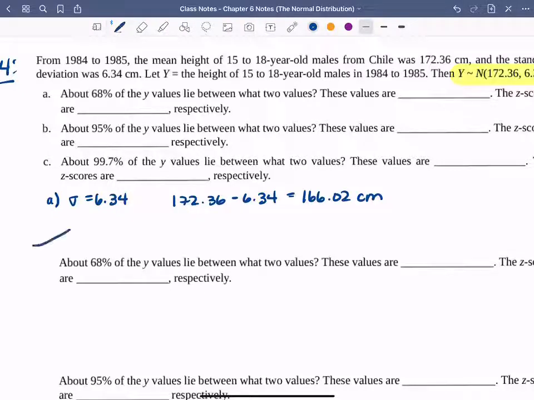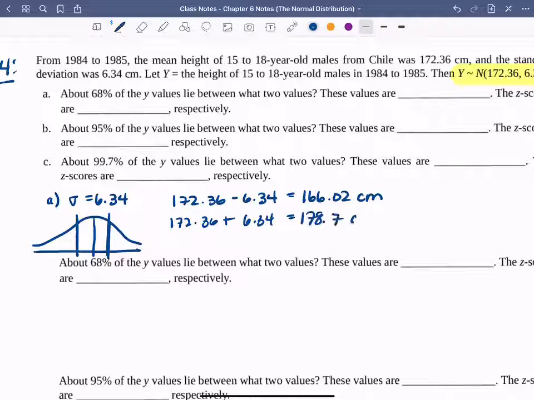All right, so I'm drawing my curve. There's my middle there, the 172.36. I'm trying to find what these values are to be 1 standard deviation away. So this 166.02 is this one right here. Now I need to find this one here. We're at 172.36 plus 6.34, and that gives us 178.7 centimeters.